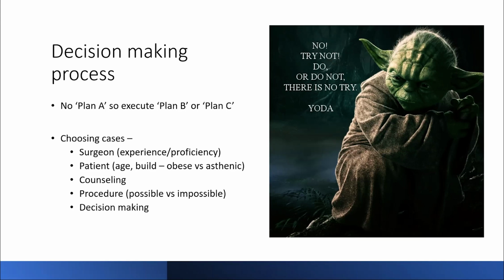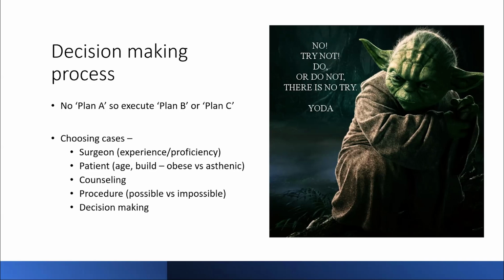The type of patient is also very important. So the patient's age: is the patient skeletally mature or immature? This would be important if you were considering procedures like guided growth, where you have a very narrow margin of error. The build of the patient, so a lean patient versus an obese patient, would create problems with access to the surgical site.